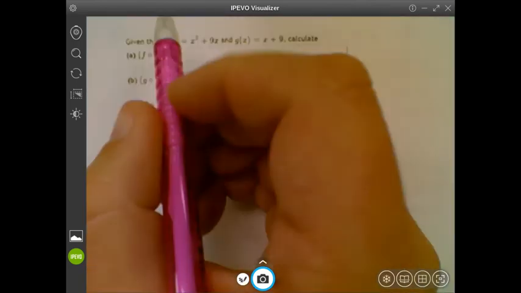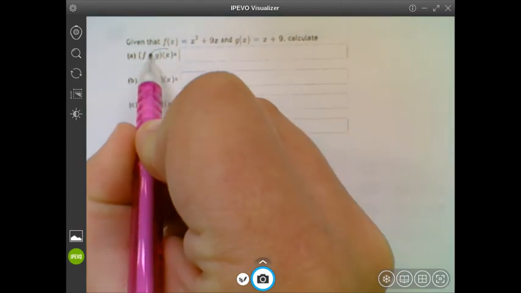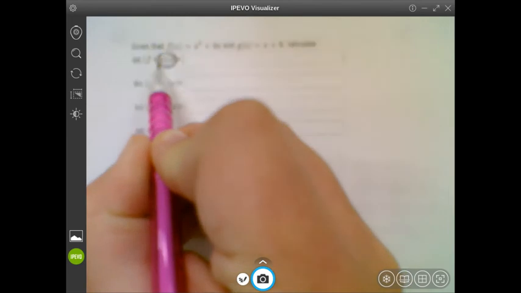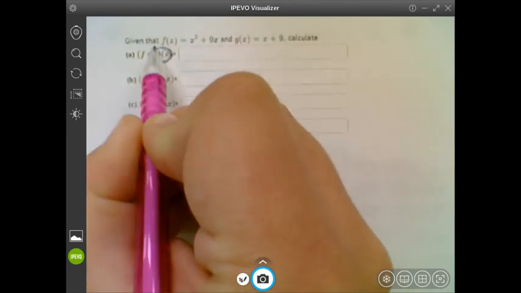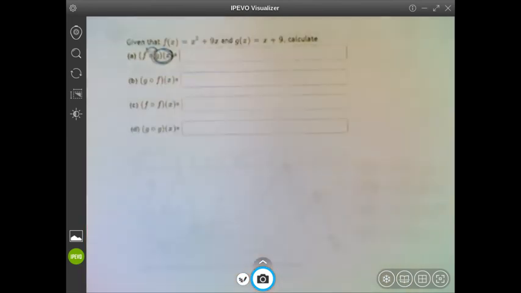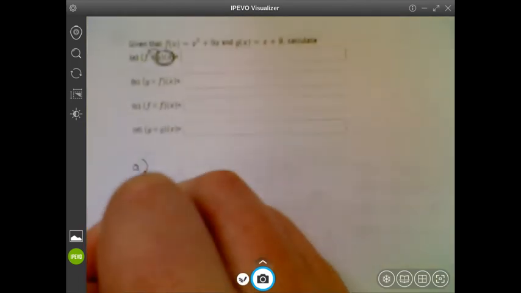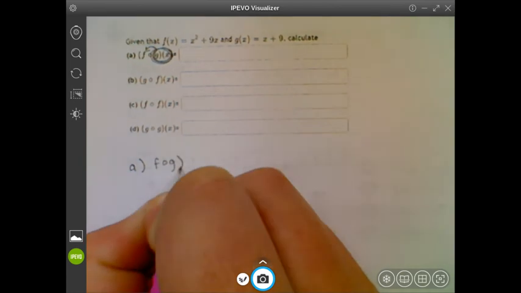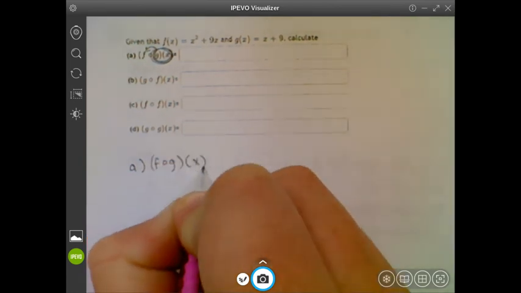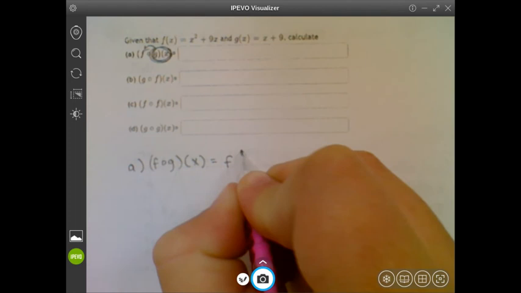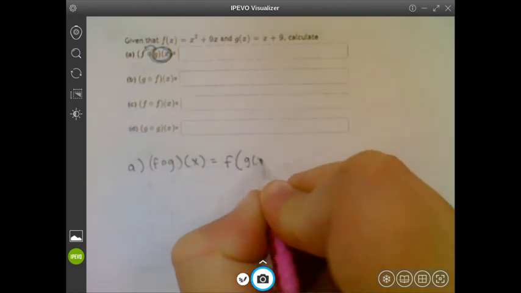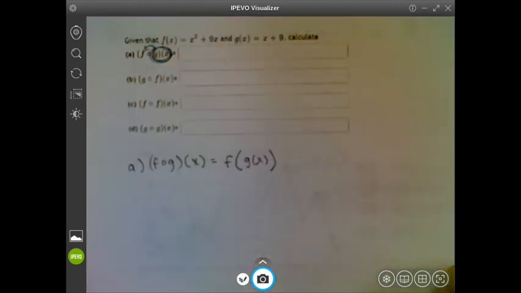All right, so this is a different notation that we saw at the very beginning. And when you're doing this other notation, it's these two right here that are directly next to each other. So g of x is going to go into f, is how that will work. So if you want to say f of g of x like this, it's the same as saying f and then parentheses g of x going into it.